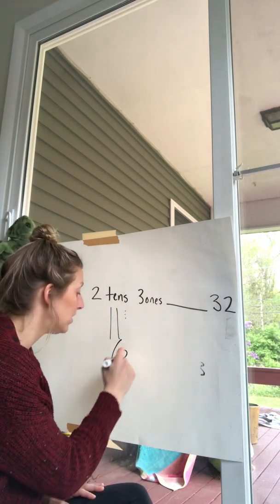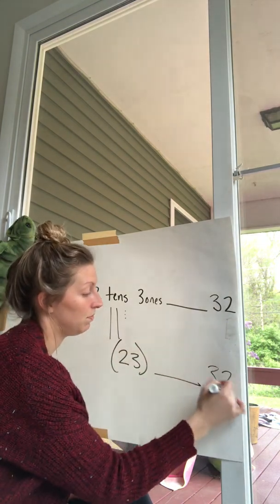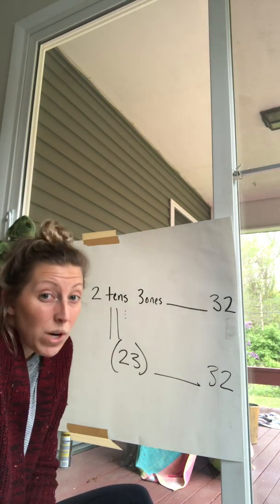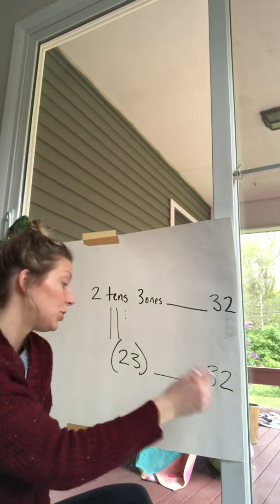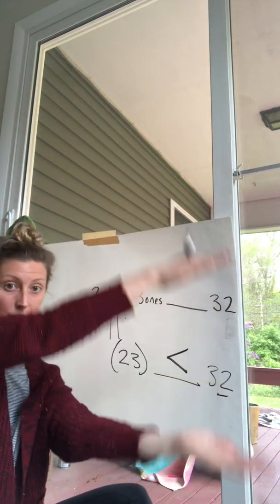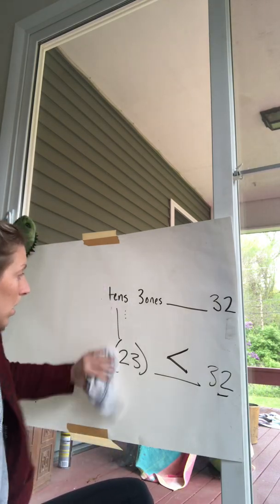So really, that looks like 23 compared to 32. Now the alligator would be eating which number? The larger number, which is going to be 32. So we need to make sure the alligator is eating the larger number. Okay? Awesome.